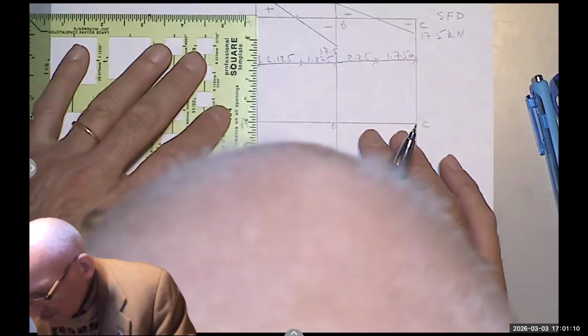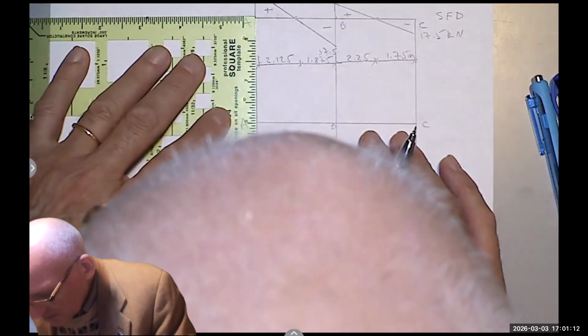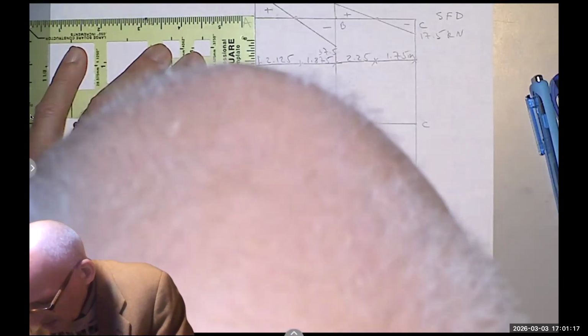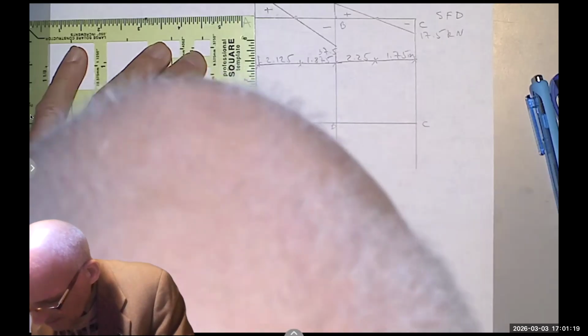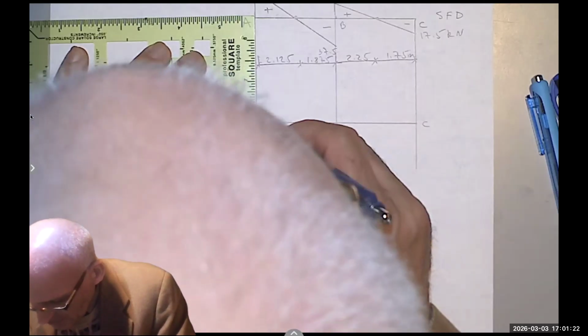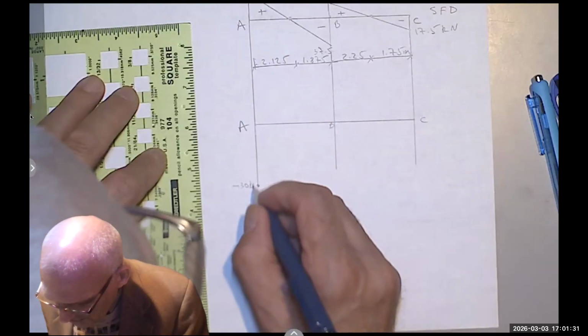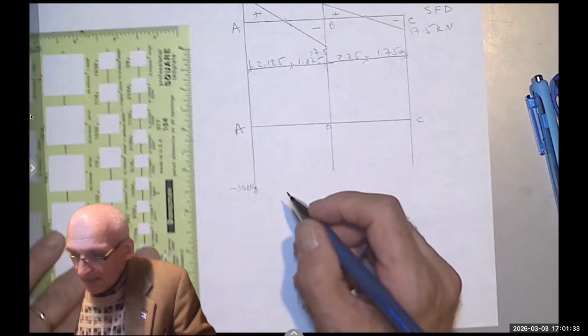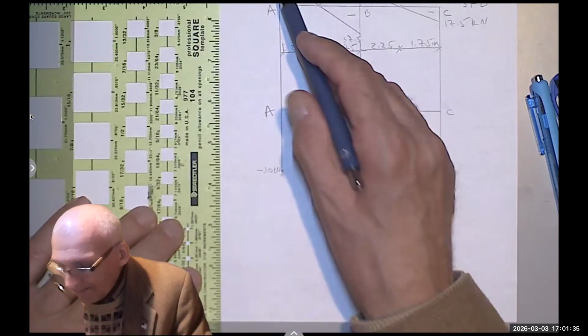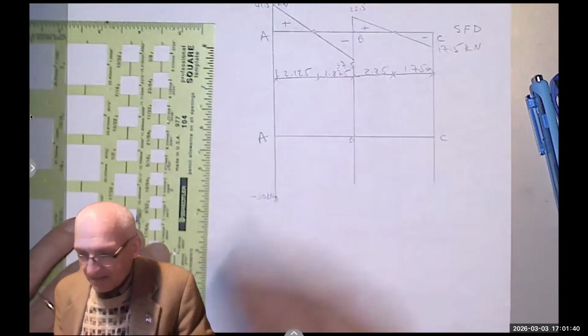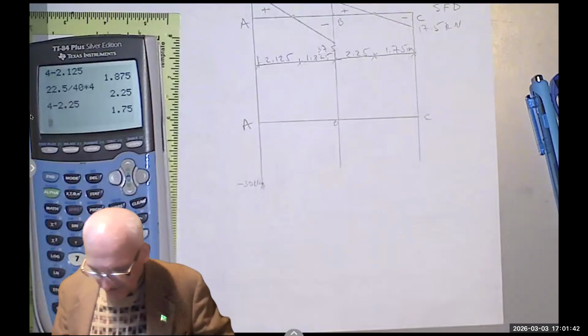Let's say each inch here is 10, or maybe I should make it 1.5. Negative 30 kilonewton meter. But then I'm going to go up a distance equivalent to the area of that.